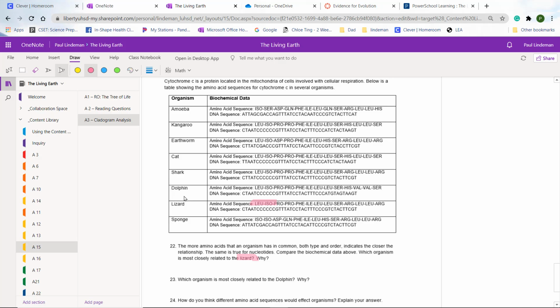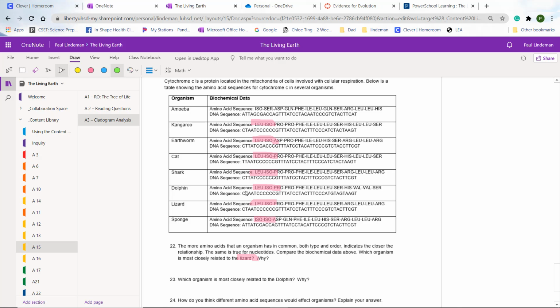Let's see if there's anything else that has Leu in it. Kangaroos have Leu and Ile. Earthworms have Leu and Ile. Cats, Leu and Ile. Sharks, Leu and Ile. So that's not going to help us, and we need to go to our next thing.